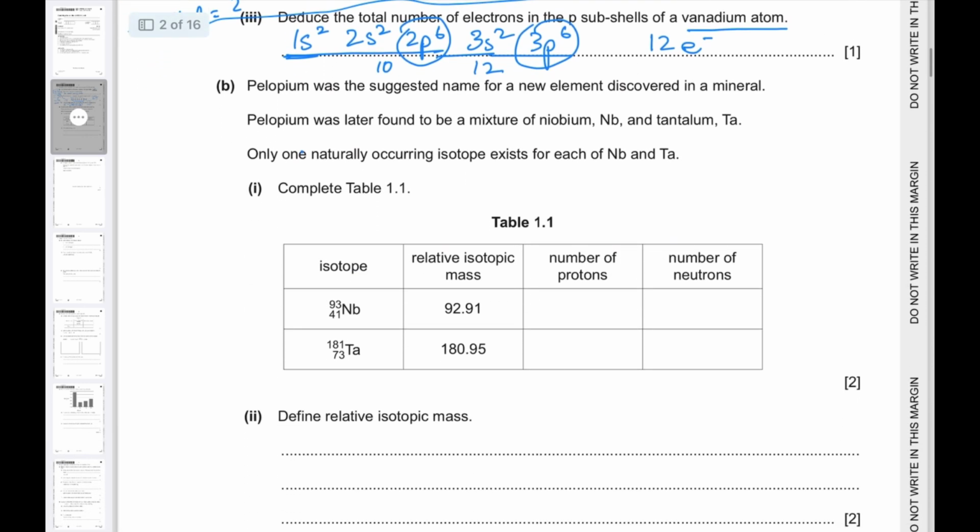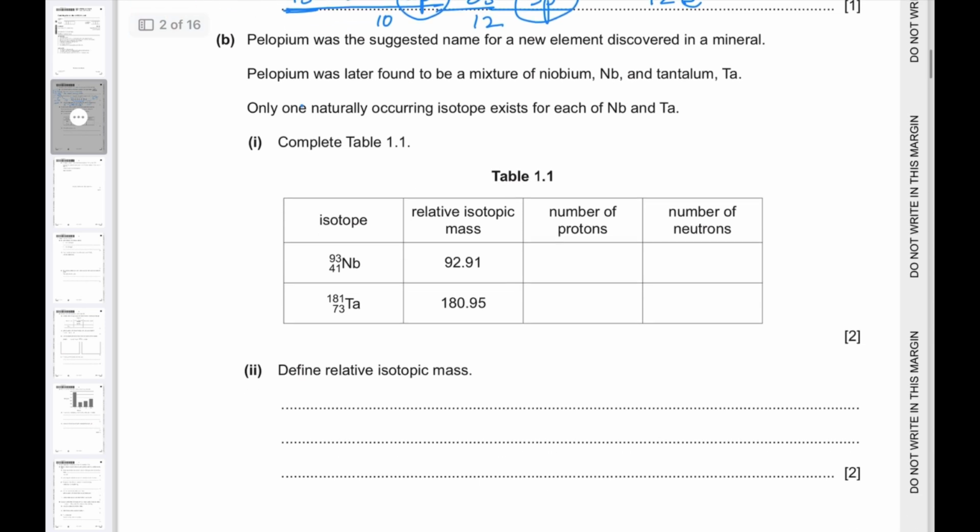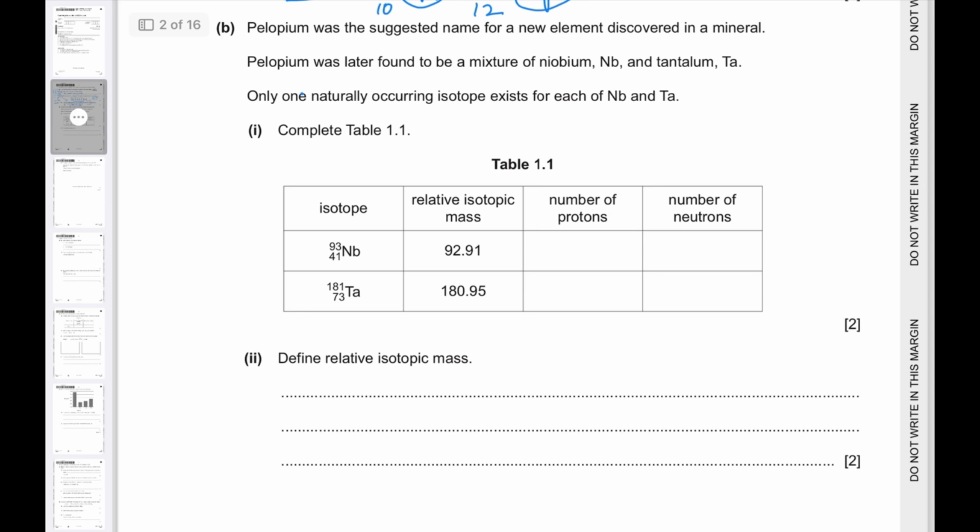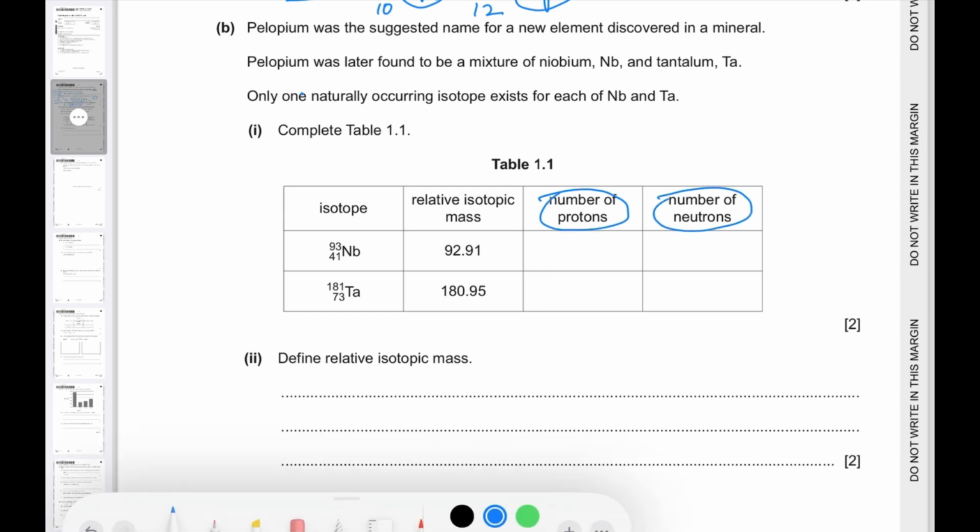Pelopium was the suggested name for a new element discovered in a mineral. It was later found to be a mixture of niobium and tantalum. Only one naturally occurring isotope exists for each of niobium and tantalum. You're supposed to complete table 1.1 by providing the number of protons as well as the number of neutrons. The number of protons is the atomic number, so that's the lower number, or the number smaller in size.